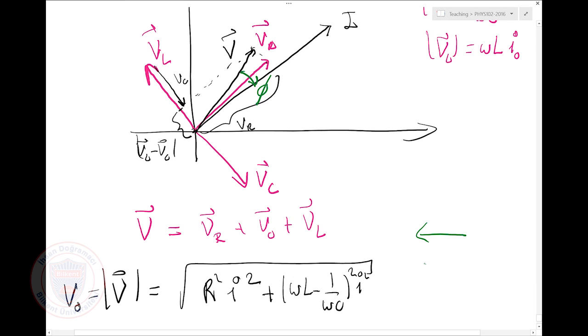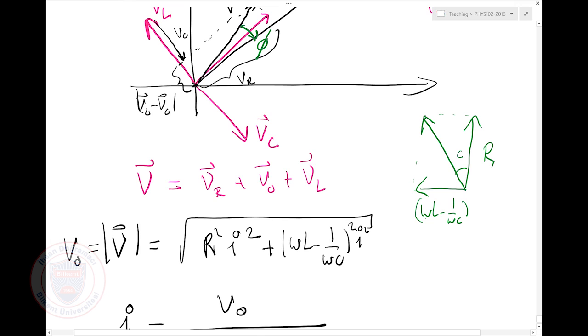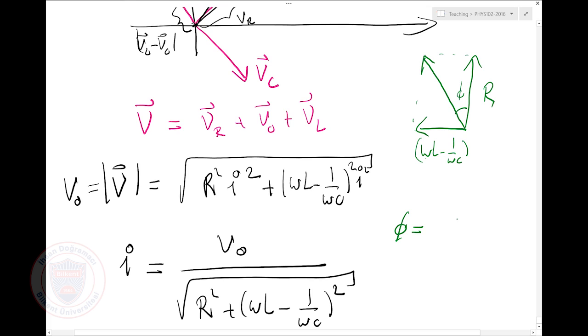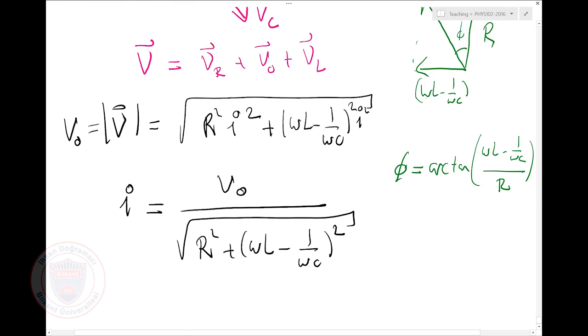One side is omega L minus 1 over omega C. The other side is R. And when I add them, I get the phase angle phi. So phi is apparently arctangent of (omega L minus 1 over omega C) divided by R.